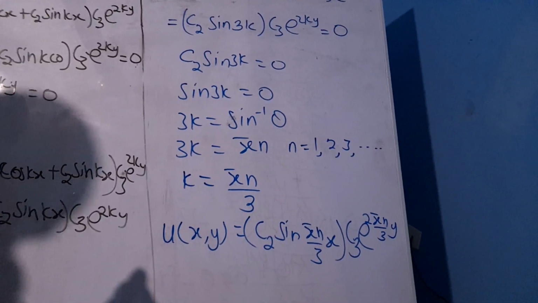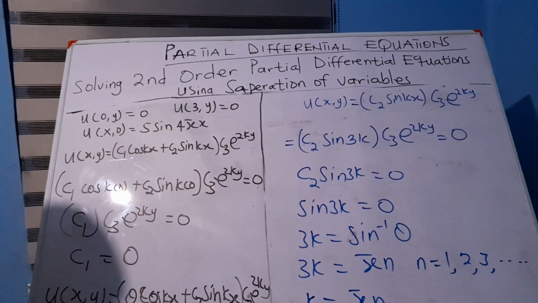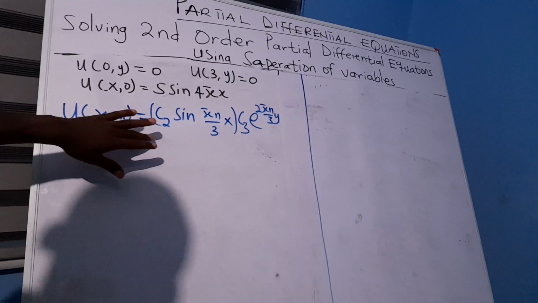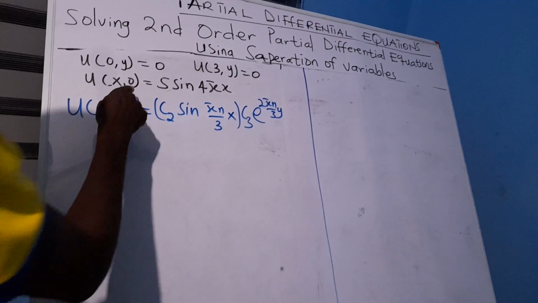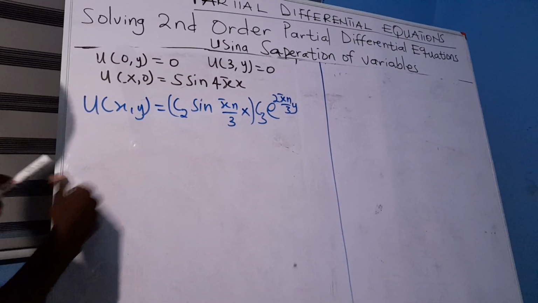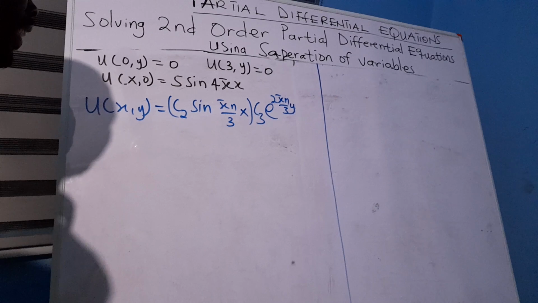Now we substitute our third boundary condition. So in place of y, we put 0. If you can see, then we equate it to 5 sin 4 pi x.